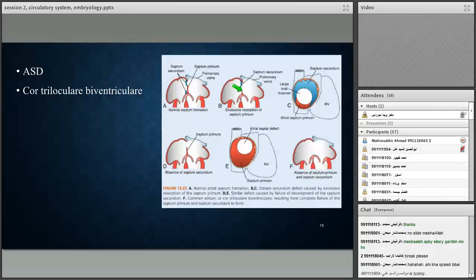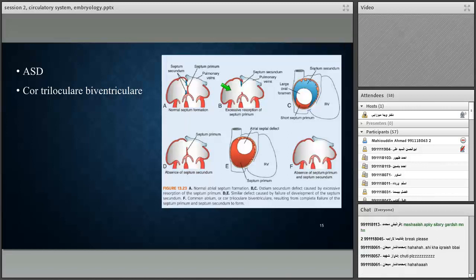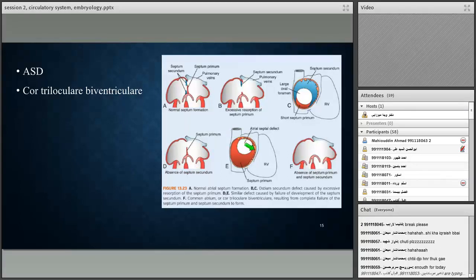The blood will enter the left atrium from the right atrium, and also here we have a shunt. And the oxygenated and deoxygenated blood are mixing. Here we can see the absence of septum secundum. And this is the atrial septal defect. Look at here, we don't have septum secundum.